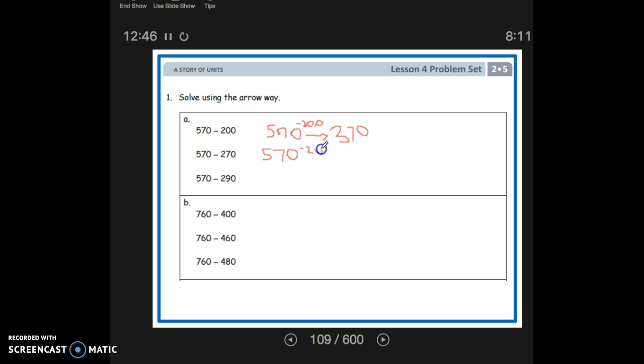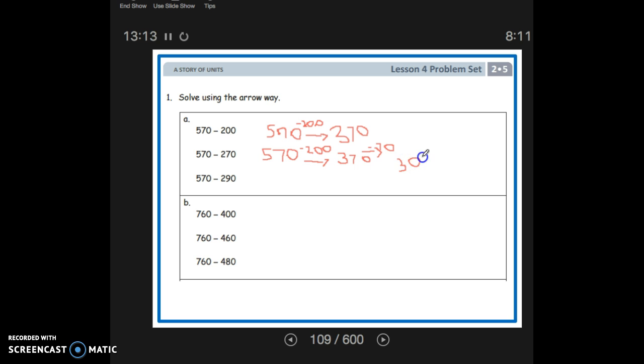I know it's going to get a little cramped and crowded in here, so you're going to really have to write neat. Okay, that equals 370. And then we have to take away the 70 still, right here. Minus 70 equals 300.